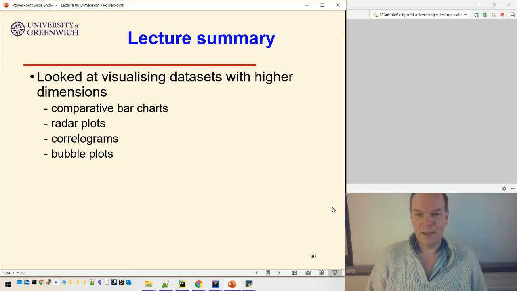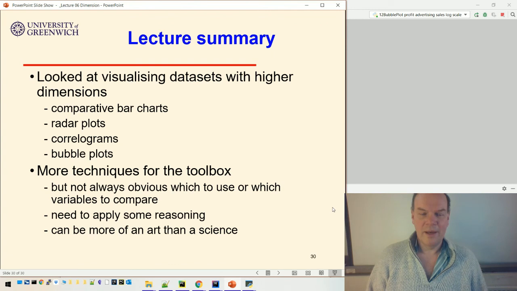Correlograms are another useful way of visualizing the correlations in a heat map. And we can also use these bubble plots, but they can only do 3 dimensions at a time. These are all essentially separate techniques, and some of them are more useful than others.